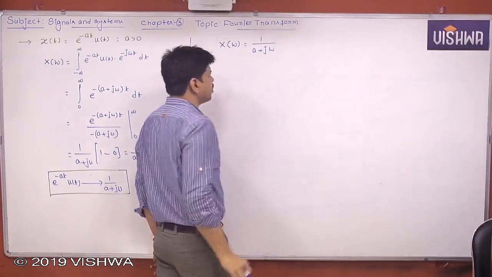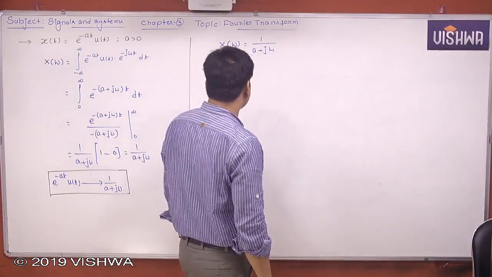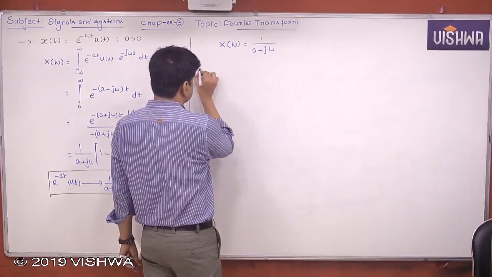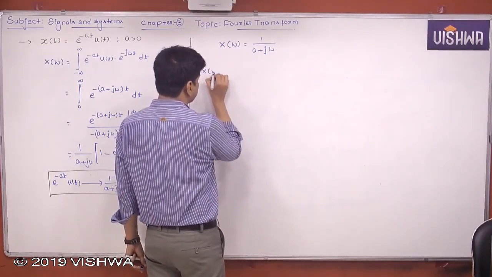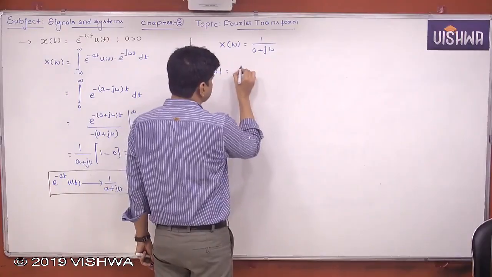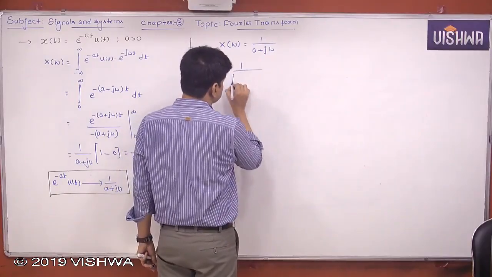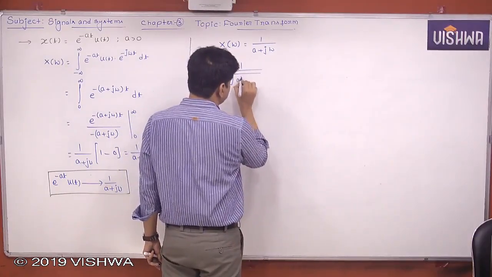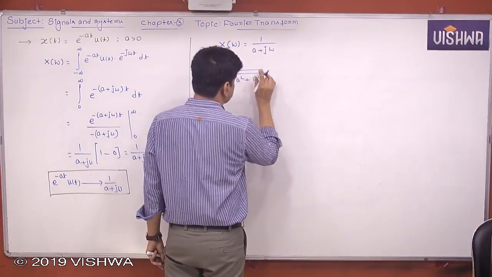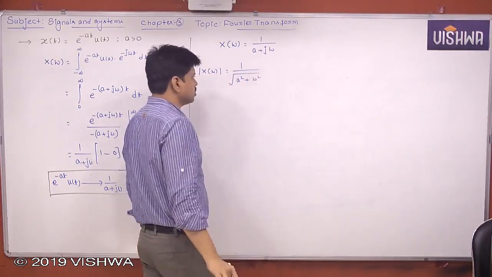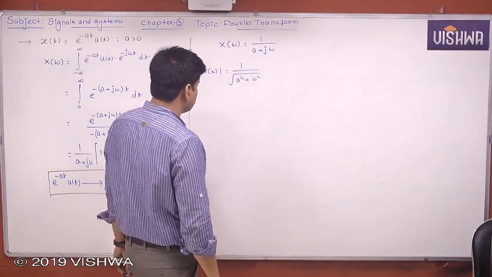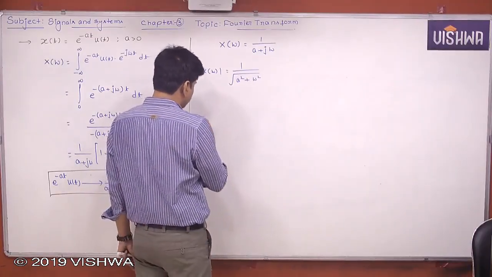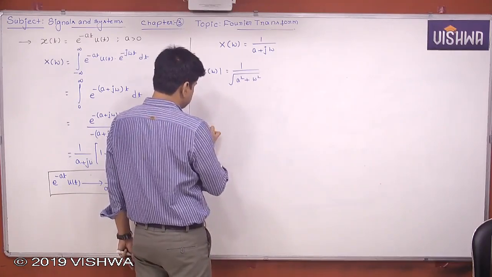For this, I want to draw the spectrum. How may the spectrum look? First, what is mod X of omega? What is the modulus of this function? 1 by root a square plus omega square. So this is the modulus. Next, what is the angle of X of omega?